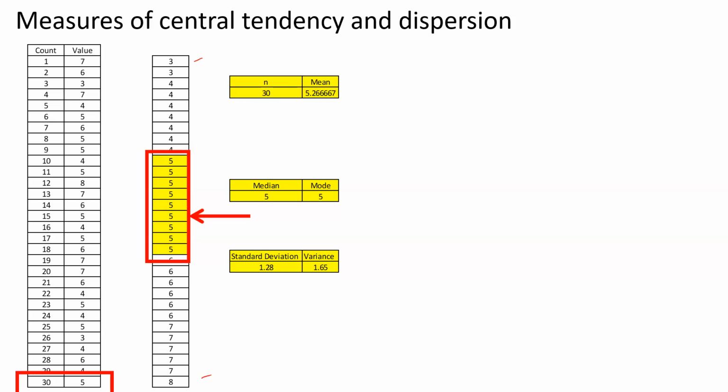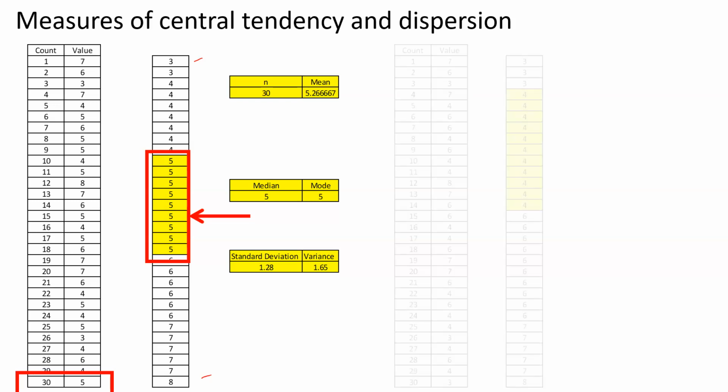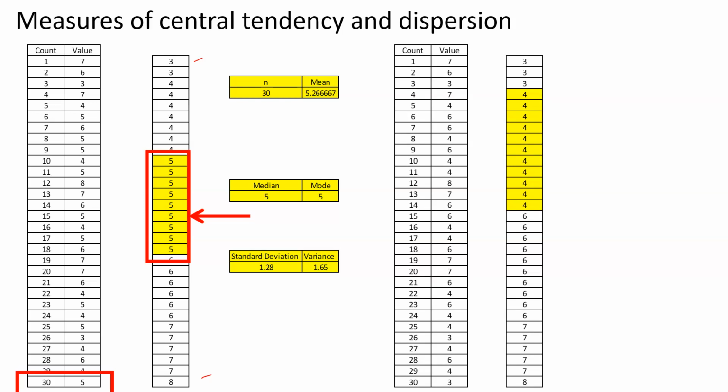Now let's take this data and modify it slightly. I took this data and deliberately replaced that value of 5, which is kind of anchoring the data, with a few other random numbers. And what we came up with is a new data set. But what I want you to look at is how the data changes in terms of its measures of central tendency and measures of dispersion.